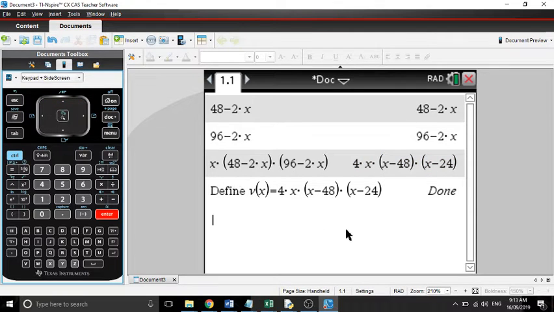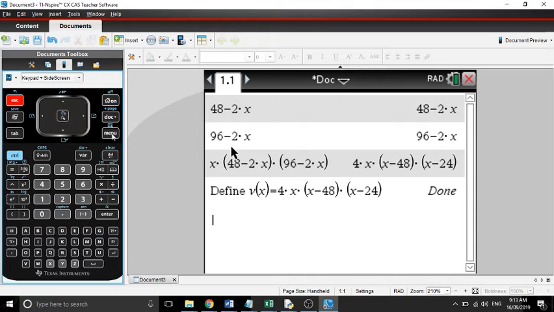Looking at it though, what do you think some of the allowable values of X might be? We want where this ends up being 0. This will be 0 if X was 24, or if X was 48. So I think it's got something to do with 24 and 48, but let's have a look.